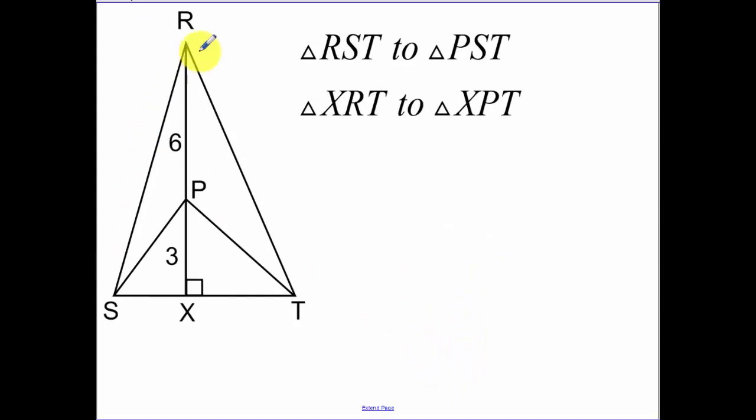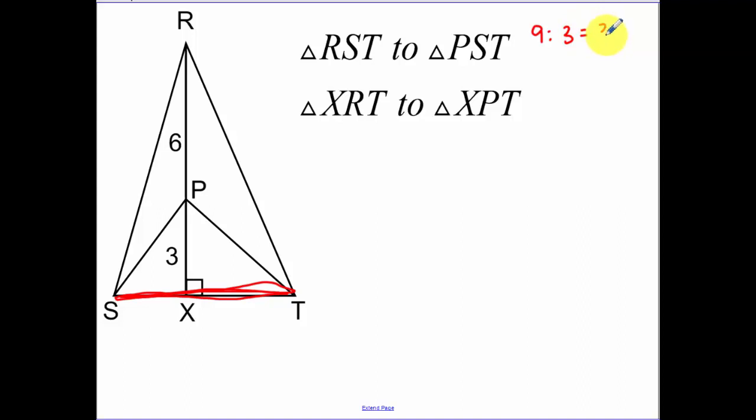Now here, RST to PST. They share the common base now. So now we have an example where we have a common base. So RST to PST, you would compare the heights. Our height for the top one is 9. Height for the bottom one is 3.